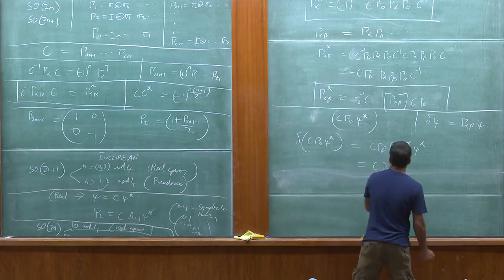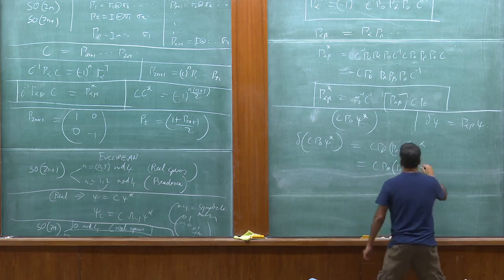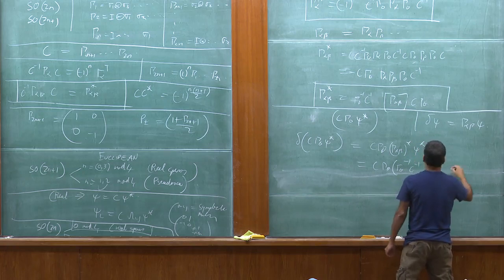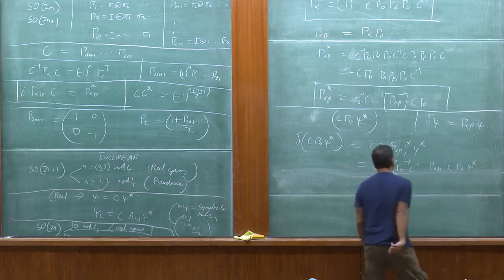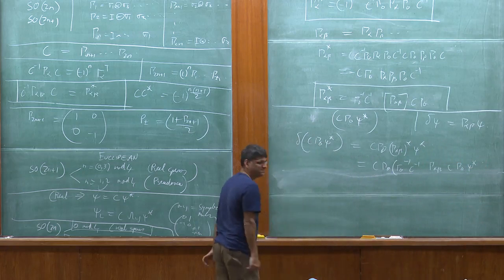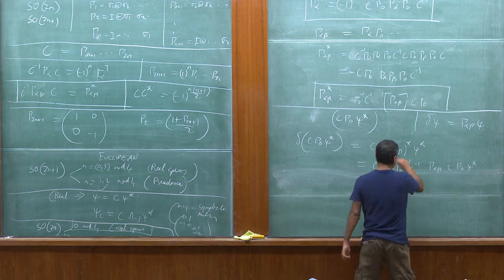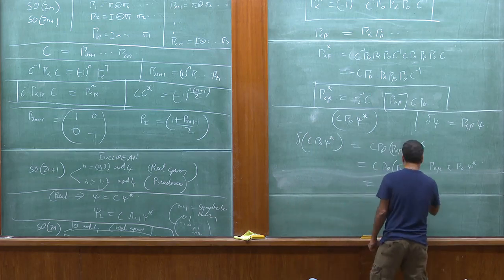Okay, great. So now we write this as gamma 0 inverse C inverse gamma alpha beta C gamma 0 psi star. And these two cancel now. So this is equal to gamma alpha beta on C gamma 0 psi star.